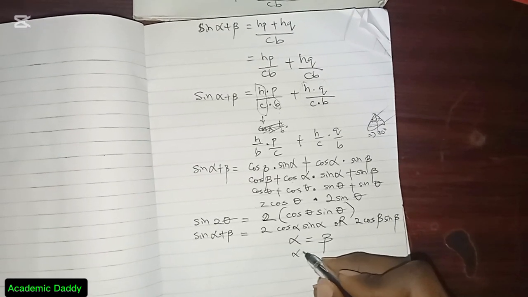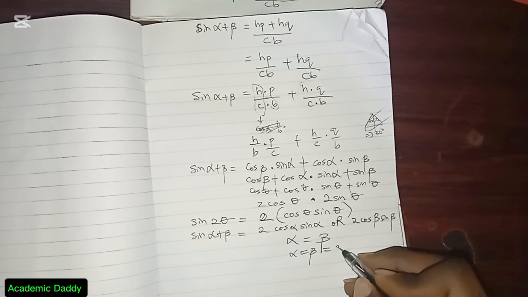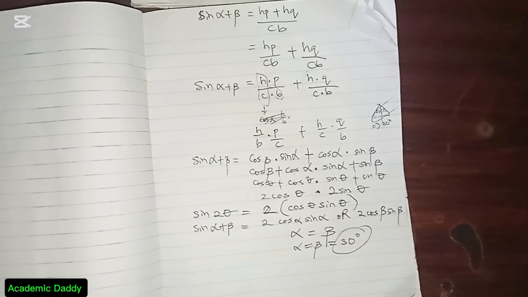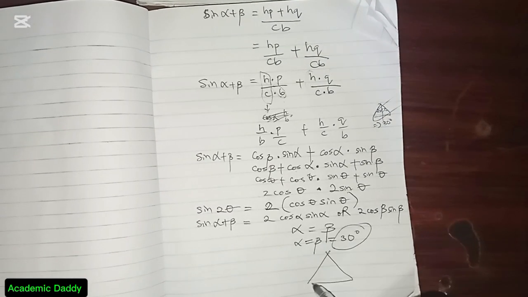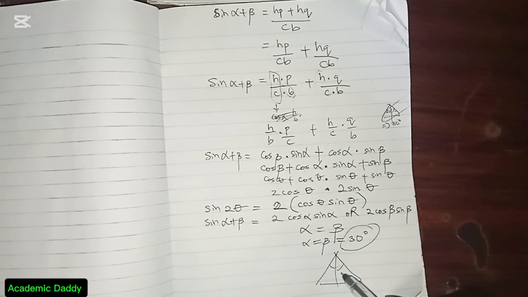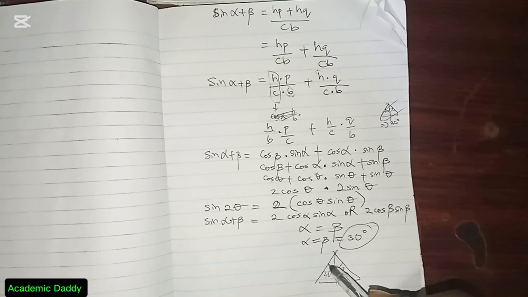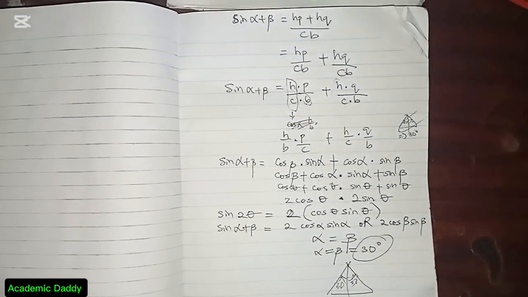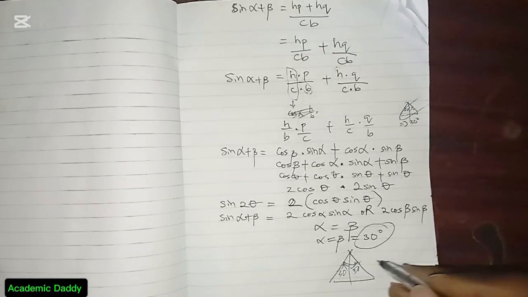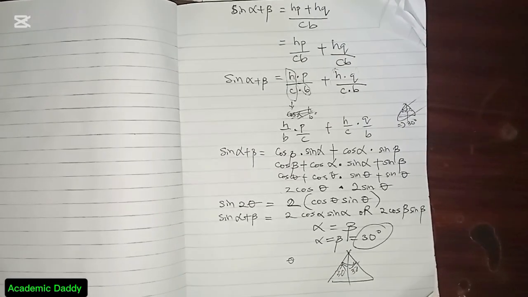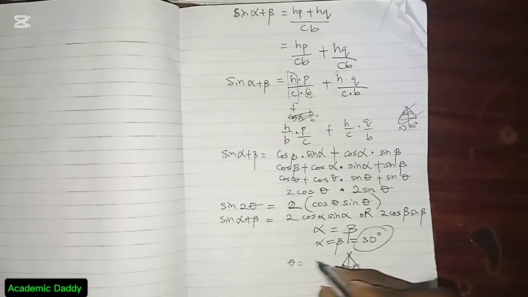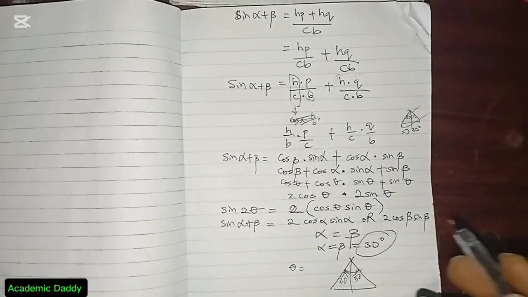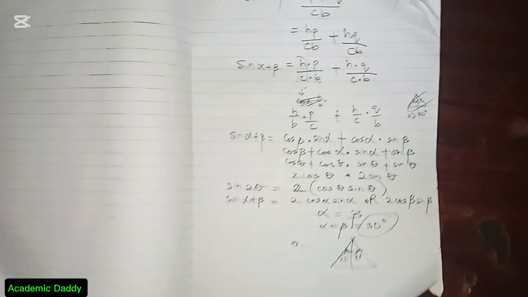Alpha is equals to beta equals to 30 degrees. This does not mean that it will always be 30 degrees. It can be different angles, but in this case the angles are the same, provided the theta is the same. Provided the theta is the same, sin 2 theta will always be equals to 2 cos theta sin theta. Proved.